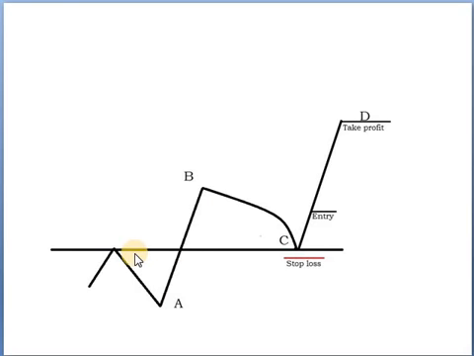This is a bullish ABC pattern, and if we have a look, the price has started going up from here, has gone up to point B, comes back to point C, and then goes up again.